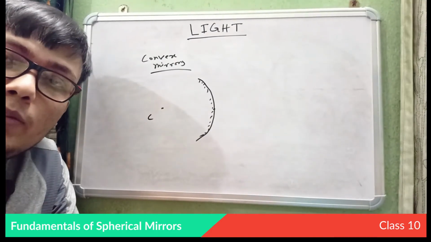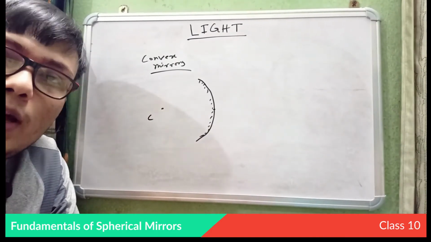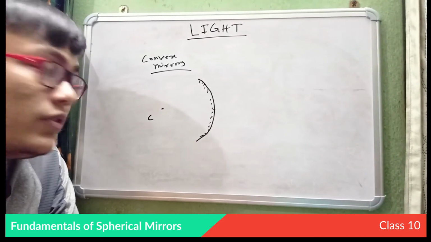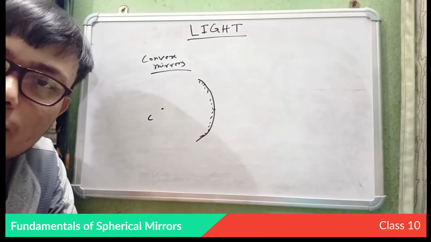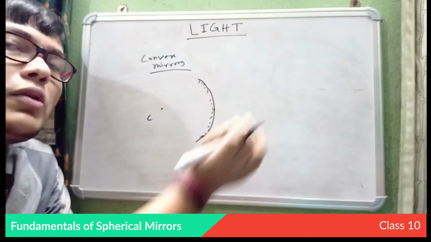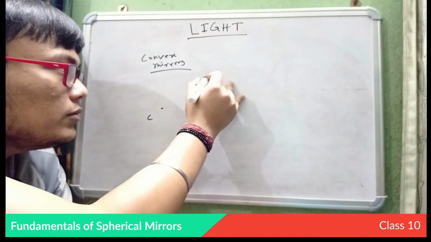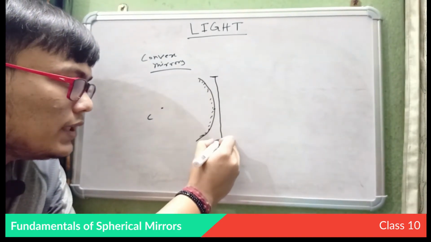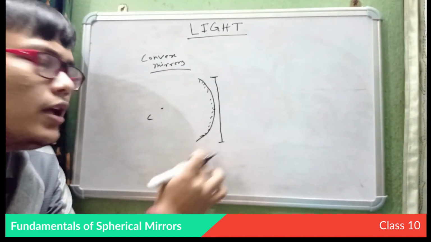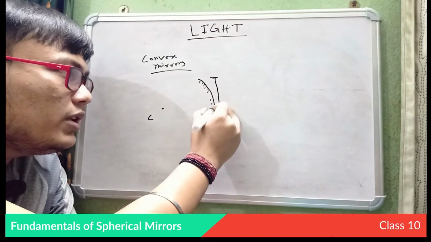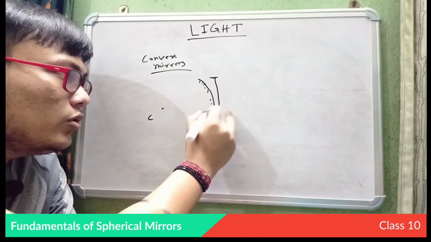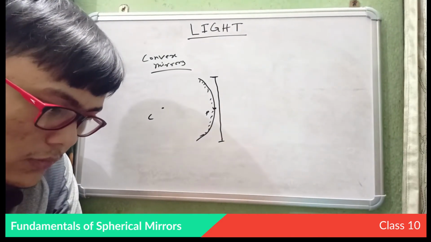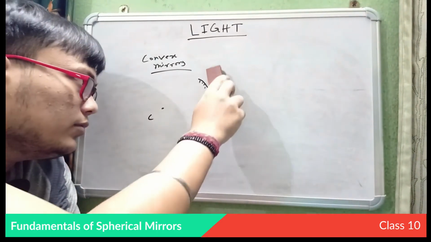The pole is the midpoint of the aperture. What is the aperture? This is the area of the reflecting surface of the mirror. So for this mirror, what will be the area of the reflecting surface? This is nothing but this area, right? So the midpoint of that is this point. So this is the pole of the mirror.